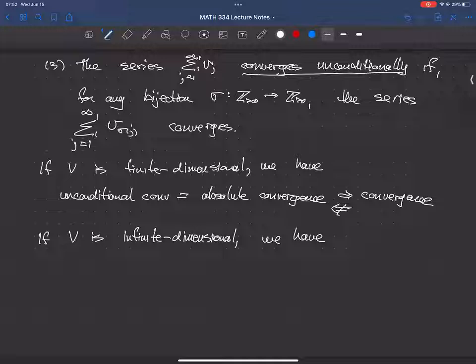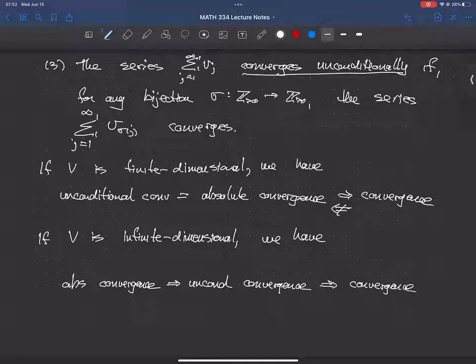Well, it turns out absolute convergence is the stronger kind of convergence. And so you have absolute convergence implies unconditional convergence. Implies convergence. And generally, the converses to these implications do not hold.